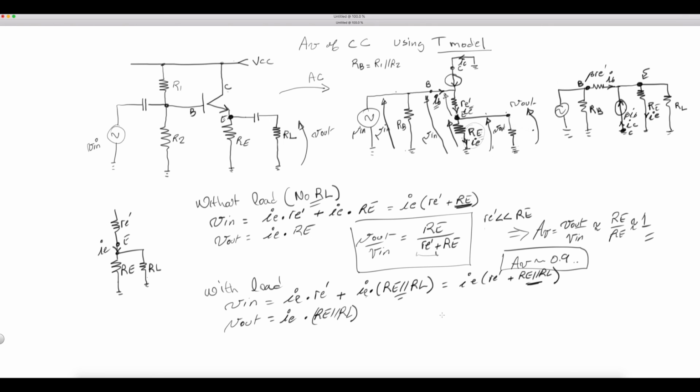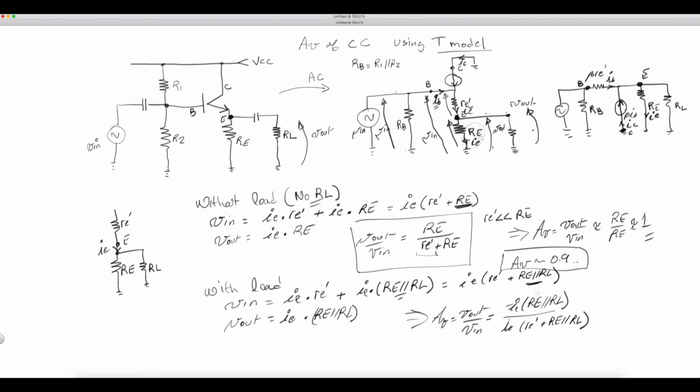Okay, well, what is that? This implies that AV, which is equal to V out over Vn, is going to be equal to IE times RE in parallel with RL divided by IE times RE prime plus RE in parallel with RL.